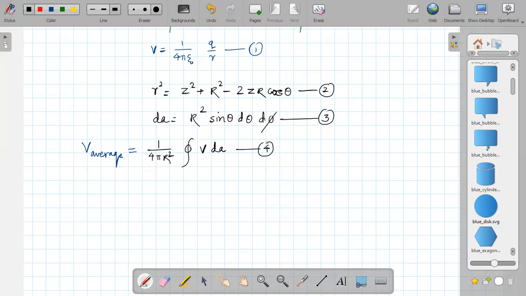Okay, and therefore we have V, that is your equation number 1. We have dA, that is your equation number 3.